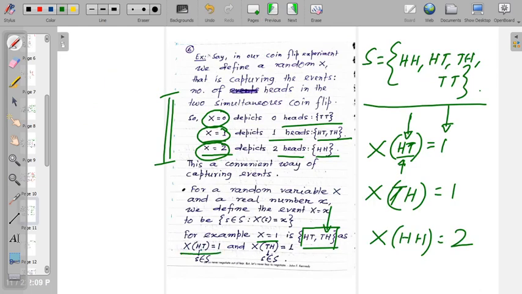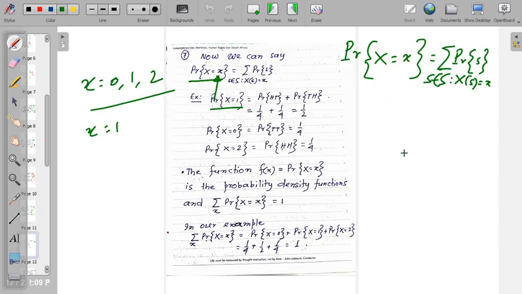X of this small s will be this small x. So this is for the X equal to 1 case, where HT is small s.